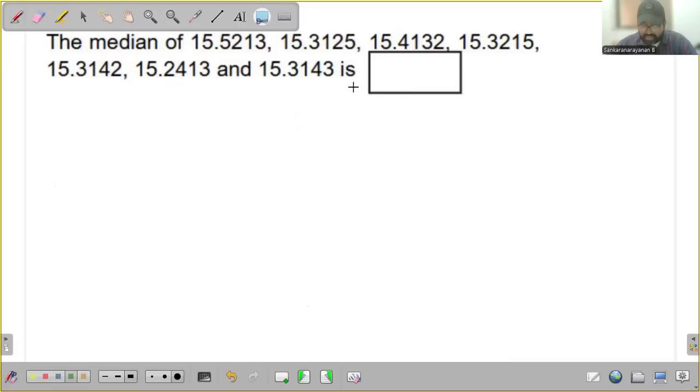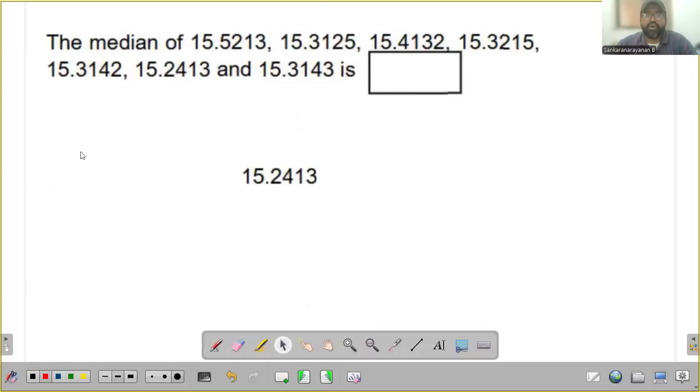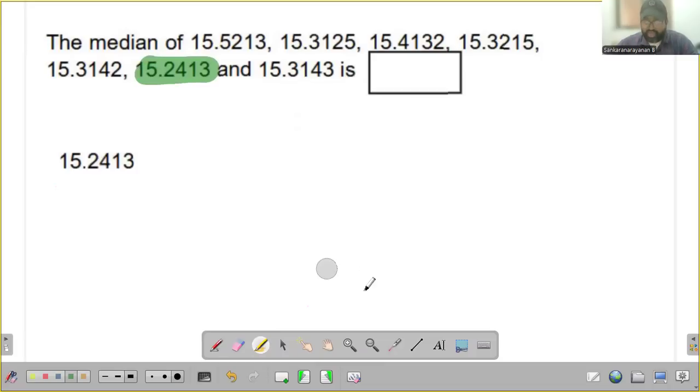That fourth observation is going to be the median of this set of observations. When I observe here, I can see that this is going to be the smallest number, 1.2413. Now the next bigger number is 15.3125. I'm writing it in ascending order.